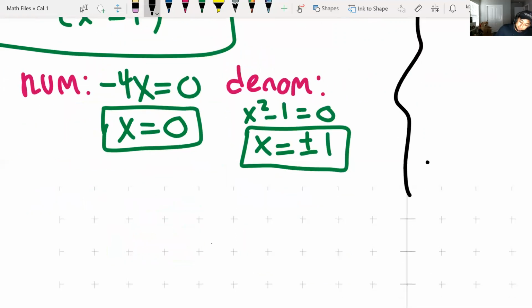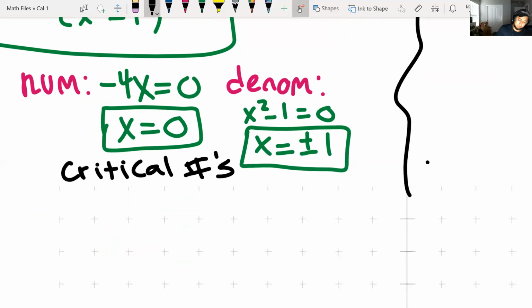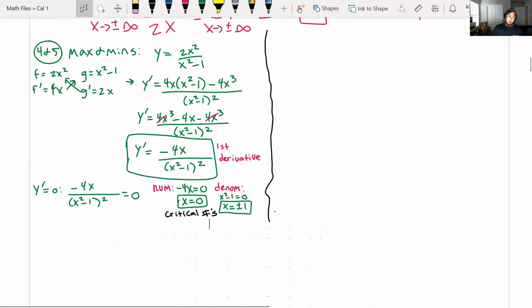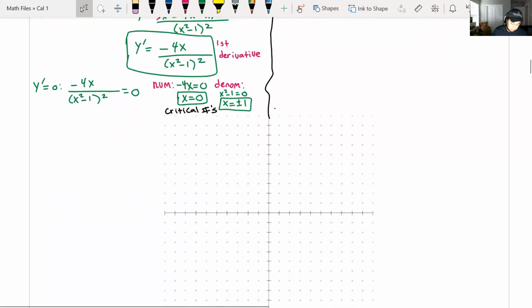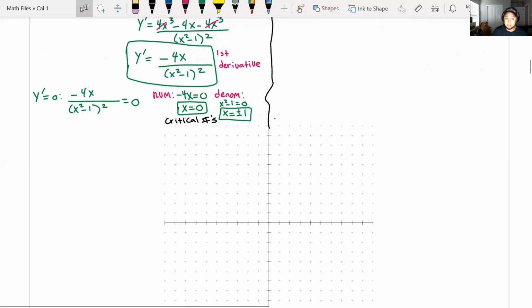These are my critical numbers. Still working the left side. Now we make a sign chart.